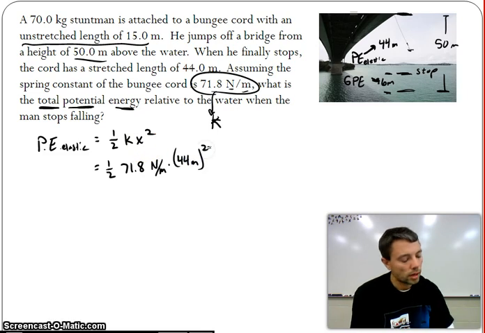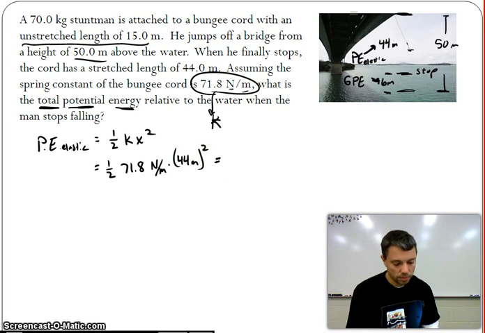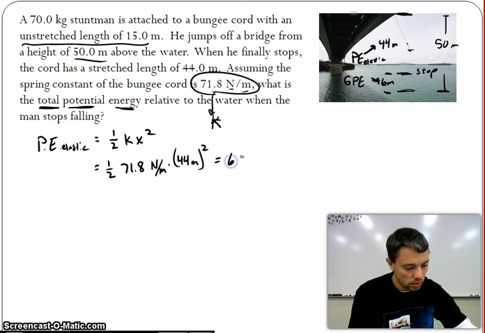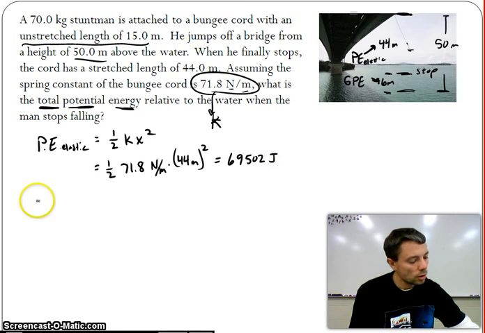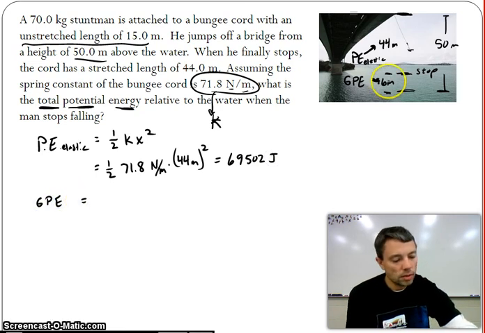We're going to square that, and that'll give us a value. So I'm going to grab my calculator. 0.5 times 71.8 times 44 squared, enter. So I get like 69,502 joules here.